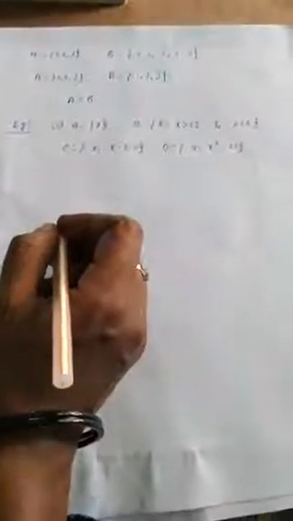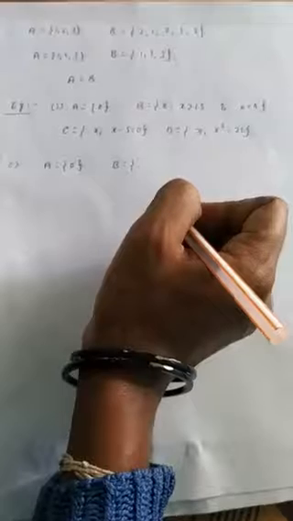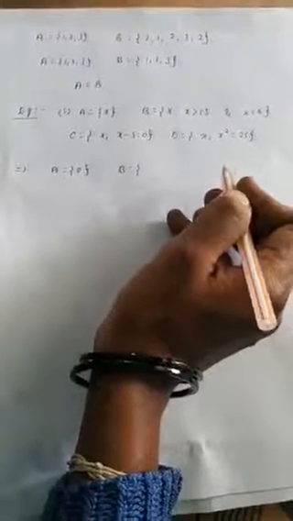Now we need to check which pair of these sets are equal. I'll write all four sets in roster form. B is greater than 15 and less than 5. It should be less than 5 and also greater than 15, so there are no such elements. It is empty.